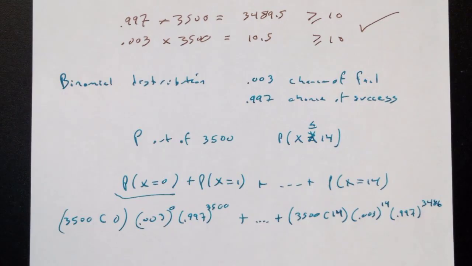Now, because I'm raising these numbers that are smaller than one to these giant powers, these are going to get to be really small numbers. At this point, I would plug this into a computer. I wouldn't do this by hand.